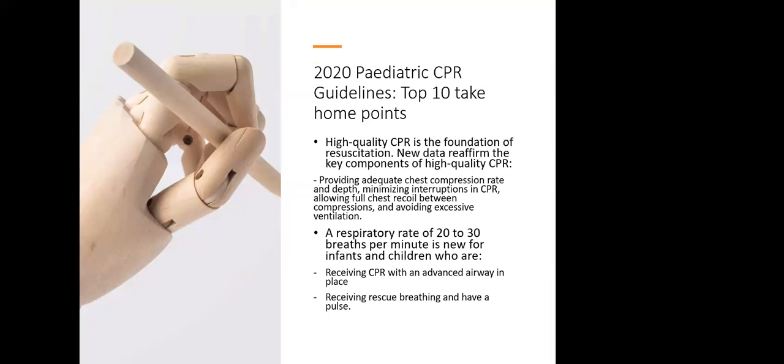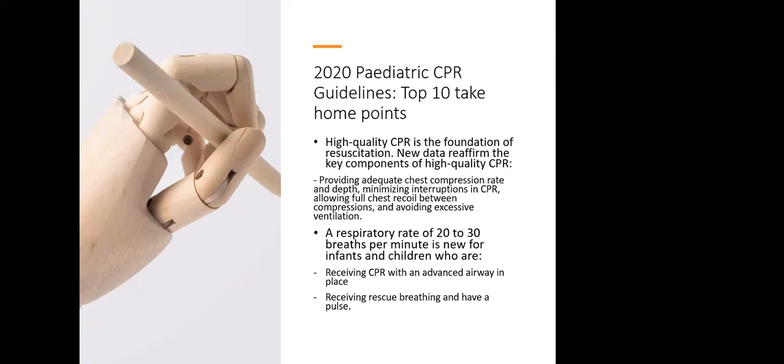So now, what are the takeaway points for the 2020 Paediatric CPR guideline? Note that high quality CPR, there's no way I won't ask this question. What are the components of high quality CPR? Because this is the foundation of return of spontaneous circulation, your ROSC.